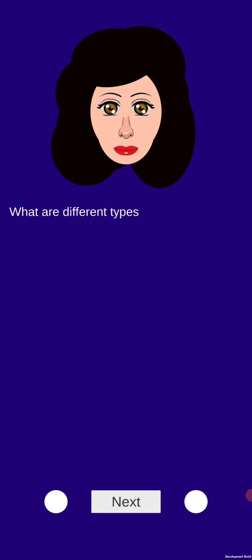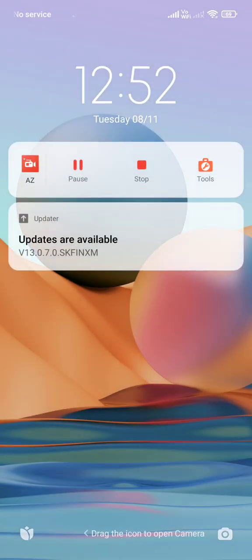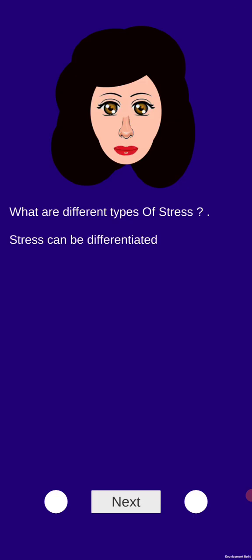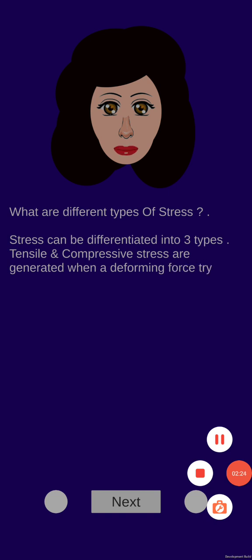What are the different types of stress? Stress can be differentiated into three types. Tensile and compressive stress are generated when a deforming force tries to elongate or compress an object along its length.